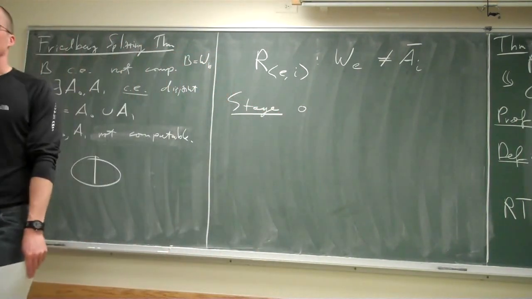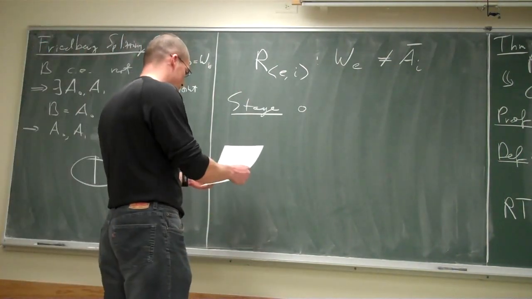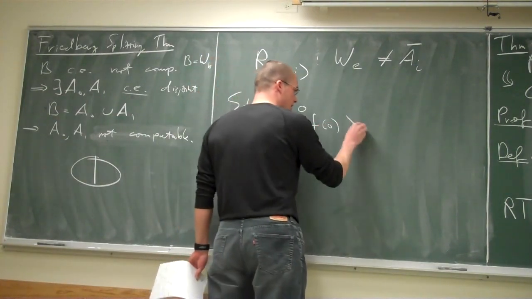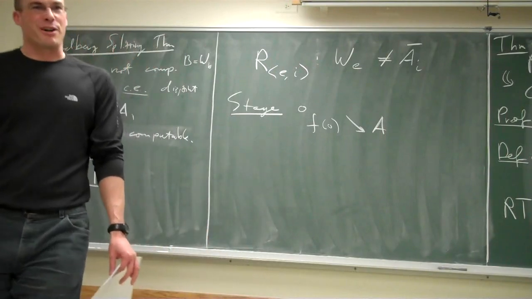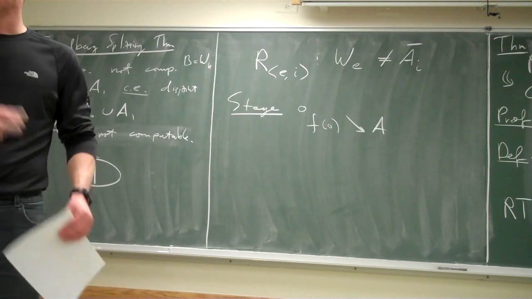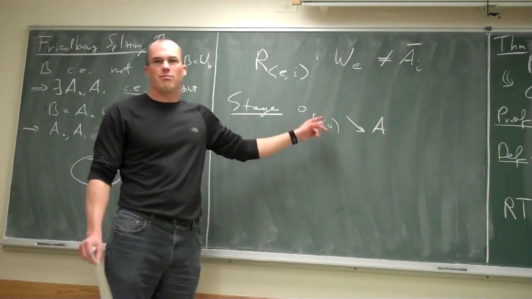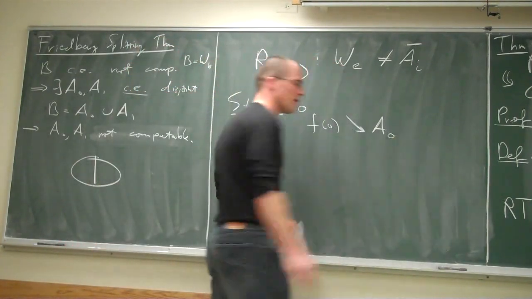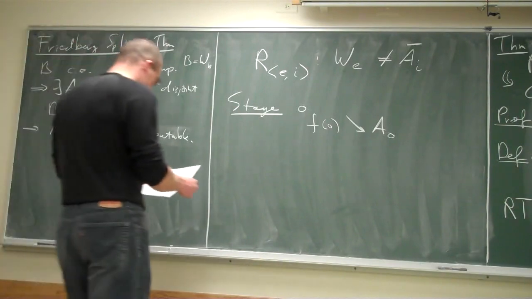At stage 0, the first stage, we just take F0 and put it into A. F is the function which enumerates B, and so this says, take the first thing that we enumerate into B and put it into A0, just to get started somewhere.